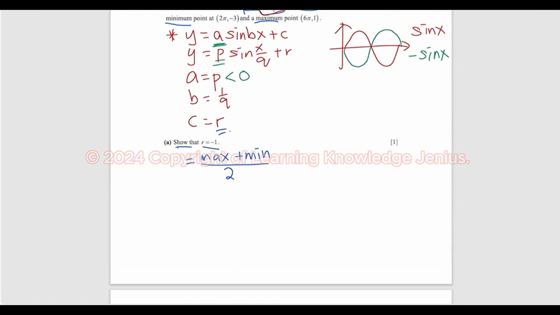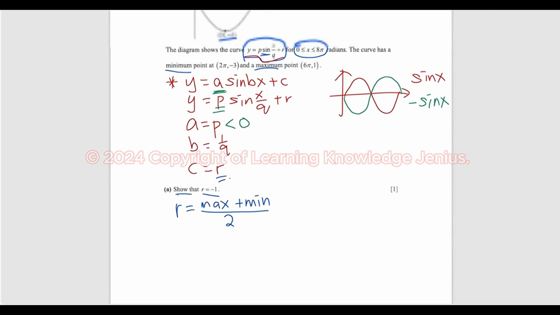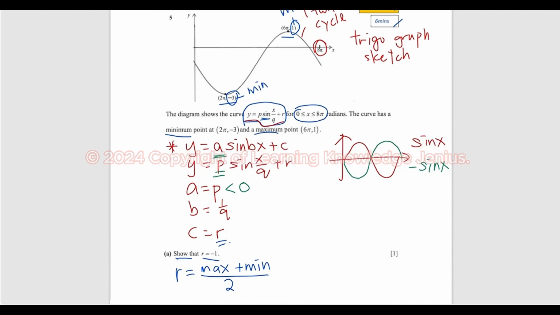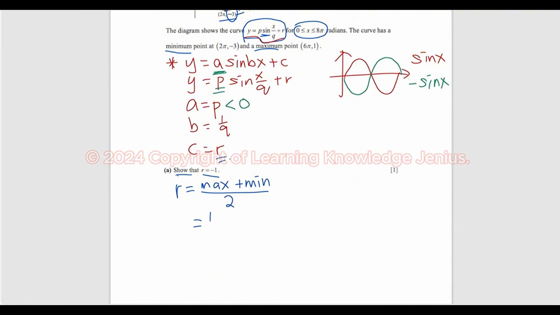The maximum and minimum values you can get from the diagram here. This is the maximum value. Remember, we need to take the y coordinate instead of the x coordinate. So the maximum is 1, the minimum is -3, divided by 2. Doing the calculation, we get r is equal to -1, shown.